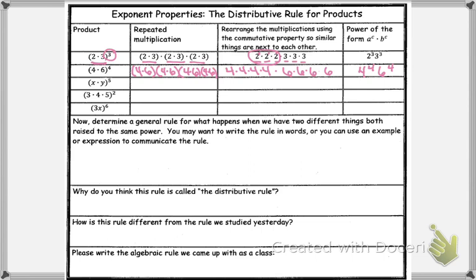So we can think the same thing here. x times y, and we have that 5 times. However, if we think back to the rule we just learned, we can think about it in a little bit easier fashion and make it a little simpler for ourselves. So this is still affecting each piece.